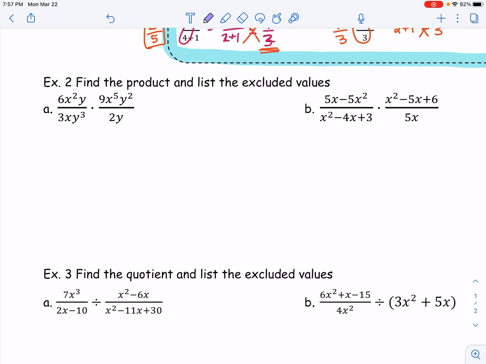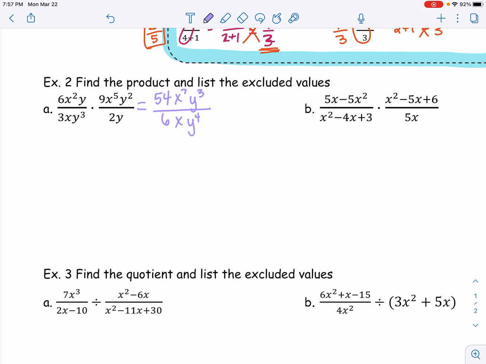So over here, I want to take it step by step. 6 times 9 is 54. X squared times x to the 5th is x to the 7th. Y times y squared is y cubed. Over 3 times 2 is 6. X times nothing is just x. And then y cubed times y is y to the 4th.